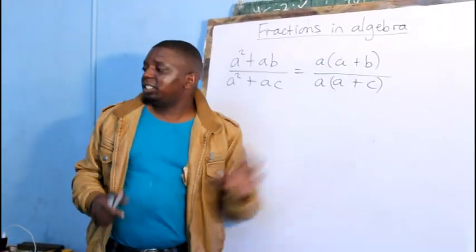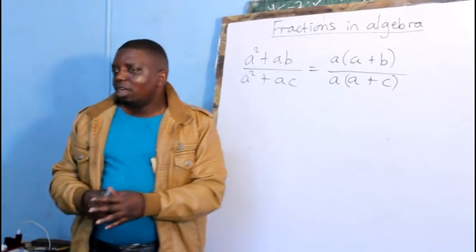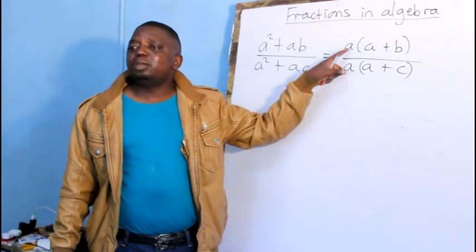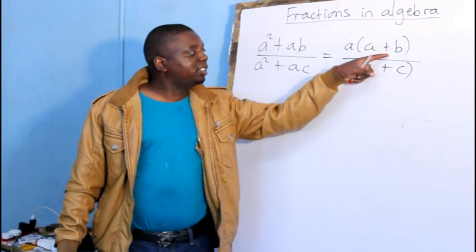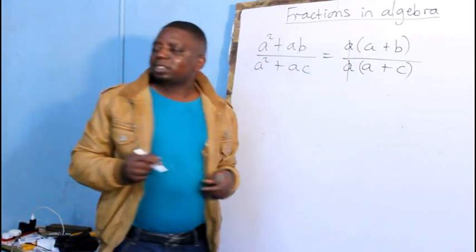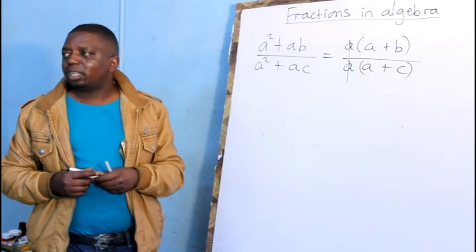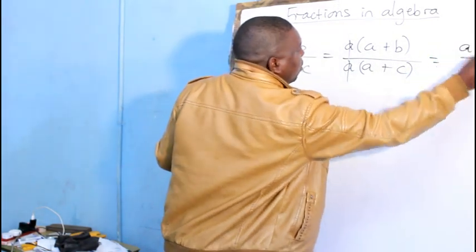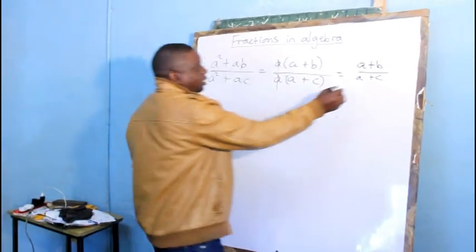But when they are multiplying, you see they cancel. Where we have a in bracket, write a times this one, and a times this. So a and a cancel, and we are left with a plus b over a plus c. That's our answer.